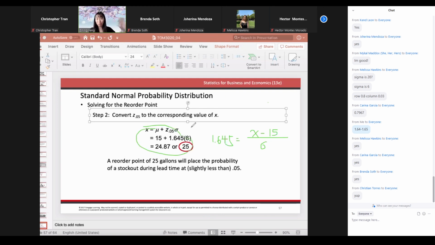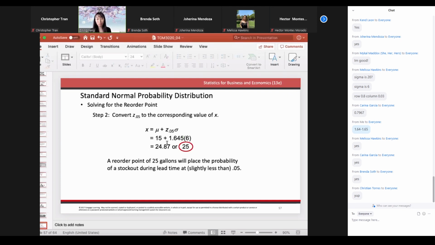I'm listing all the steps on how to do the calculation. Once we do that, we can easily get that x equals about 24.87. If I ask you to round up to a whole number, you can round up to 25. So the implication here: we did all the calculation, all the lookup, very technical, very intense.